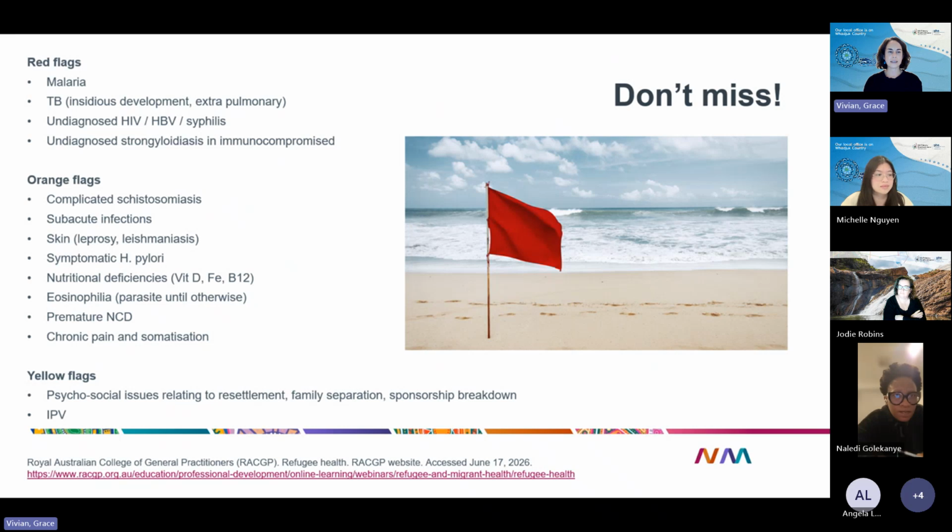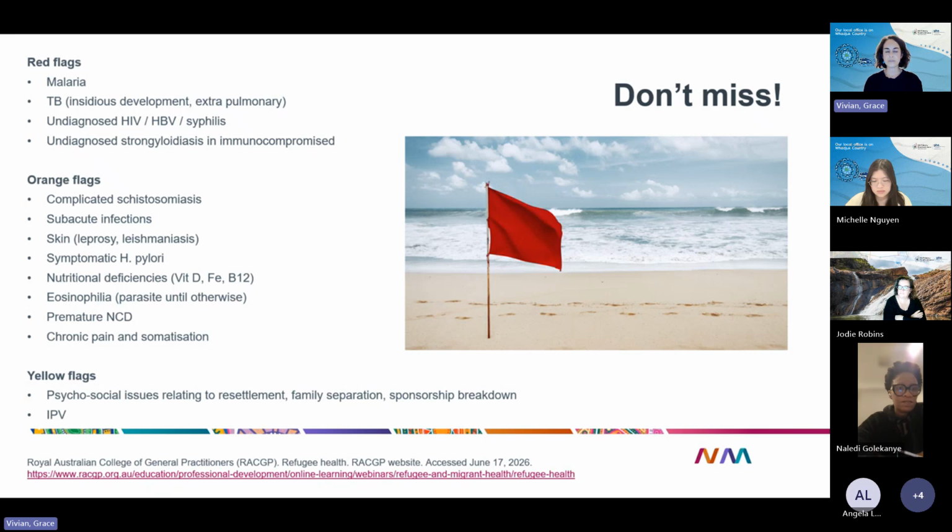In the top left-hand heading, it's really the big infectious diseases we don't want to miss. Obvious things like malaria, TB, HIV, etc. I say obvious because we don't want to miss them, but not because their clinical presentation is obvious. Often we miss them because they present in insidious ways that can be really hard to detect.